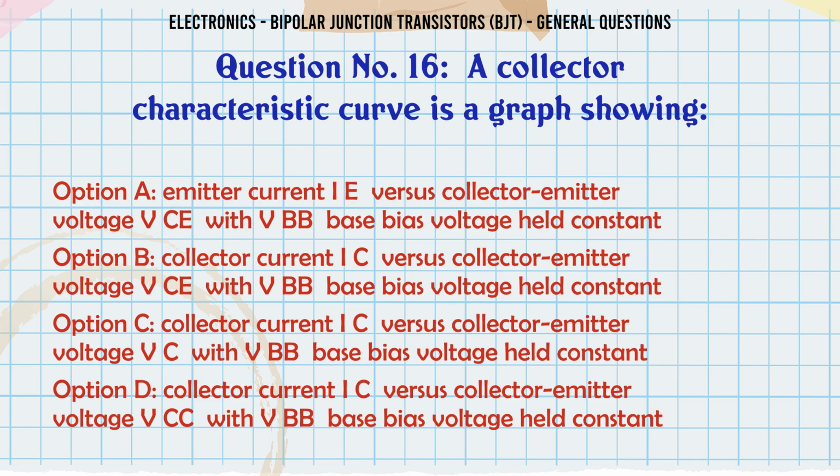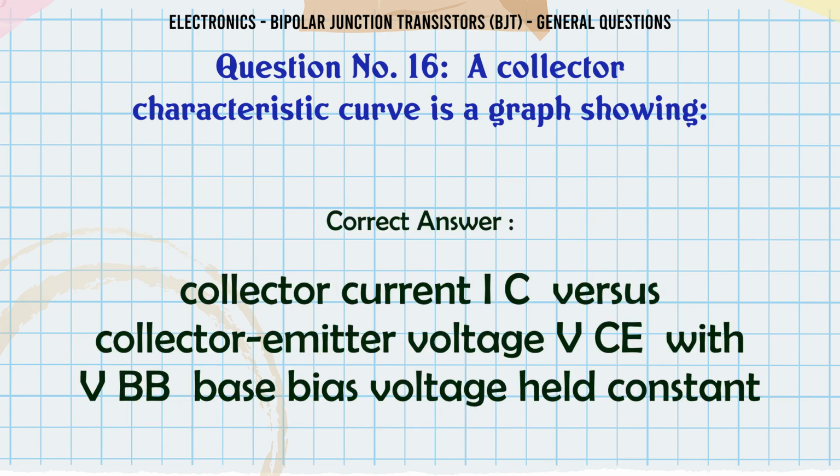C. Collector current IC versus collector emitter voltage VC with VBB base bias voltage held constant. D. Collector current IC versus collector emitter voltage VCC with VBB base bias voltage held constant. The correct answer is collector current IC versus collector emitter voltage VCE with VBB base bias voltage held constant.